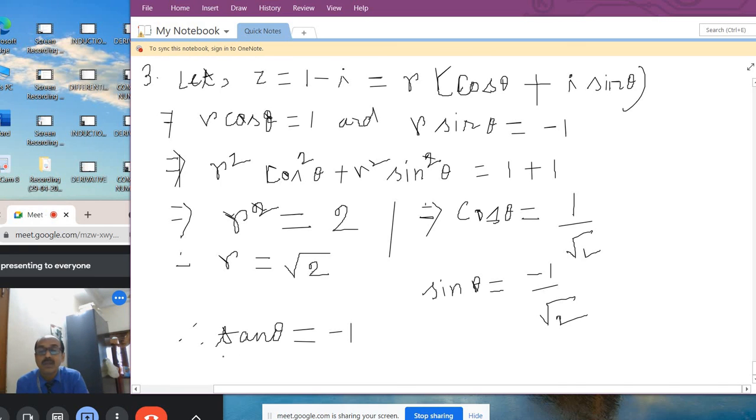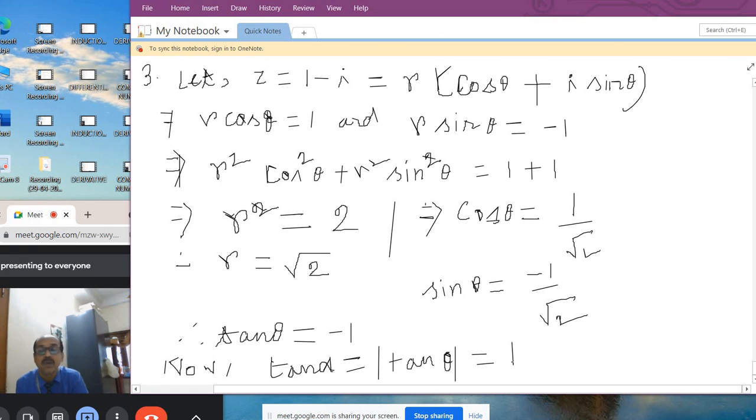So we know tan alpha is equal to mod of tan theta, which is equal to 1. Mod of minus 1 is 1.